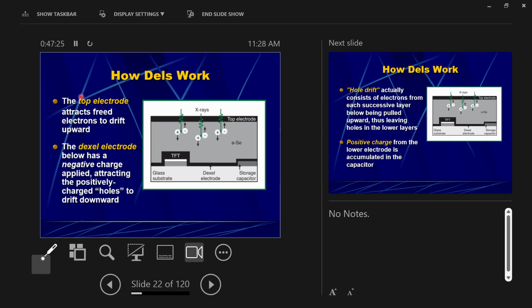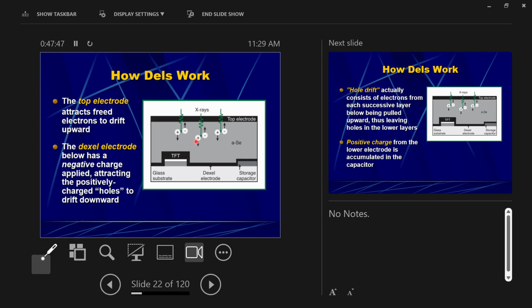So the top electrode up here, the surface, will attract the free electrons. These negatively charged particles go upward. The DXL electrode, which is at the bottom of the DXL, has a negative charge applied to it, because we can do that. And that will pull the atoms of the silicon or selenium downward toward it.